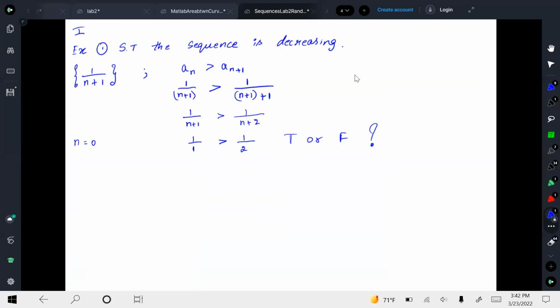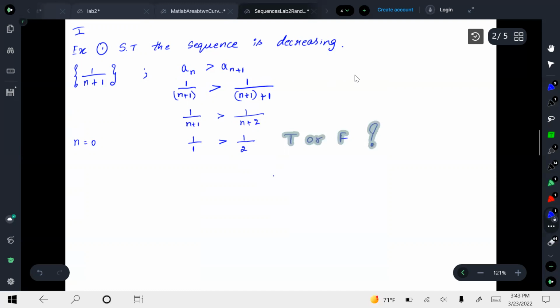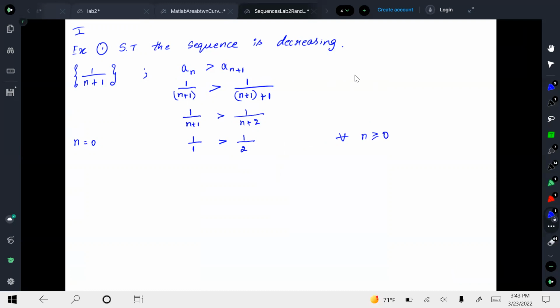Of course, it is true. So we say that the inequality is satisfied, and this is for all positive n, including 0.